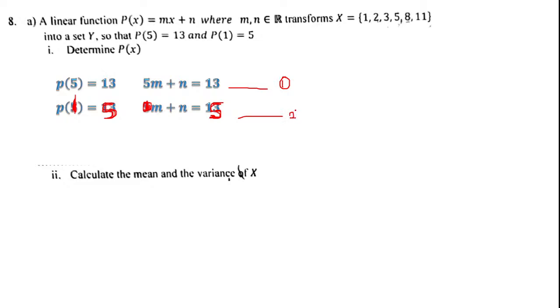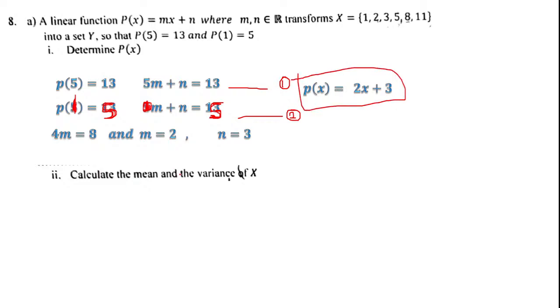If I say equation 1 minus equation 2, this will give us 5m minus m, so we'll have 4m equal to 8, and m will be equal to 2. If you substitute the value of m equals 2, we will have n equal to 3. So it therefore means that our p of x can be written as 2x plus 3.